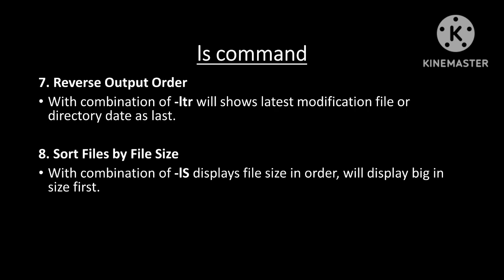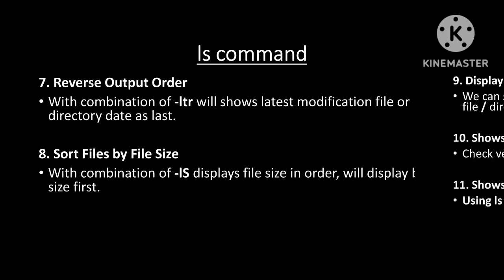Then the next option is if we want to sort the files by file size, then the option is -l, small l, and capital S. Small l and capital S along with ls will display the file sizes in order, big first and small at the last.